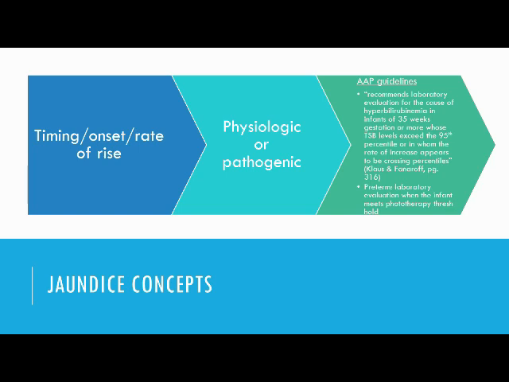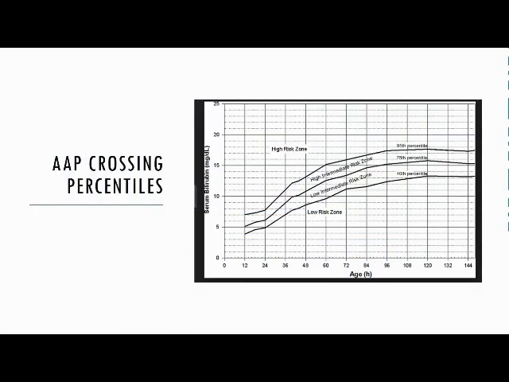And this next slide, whoops, let me just do it. So this is just a picture of the nomogram with the percentiles. Obviously the bottom is the low risk zone here. And then you've got this low to intermediate risk zone, and this high intermediate risk zone.